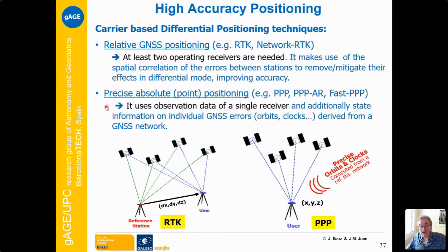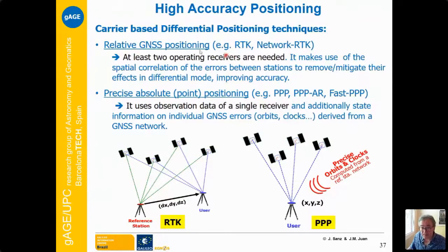In the case of relative positioning, RTK, we need at least 2 receivers: a reference station and a user receiver. This is the classical RTK, and we estimate the baseline vector from the reference station to the user receiver. But we can also consider a network RTK, where we have a network of receivers.